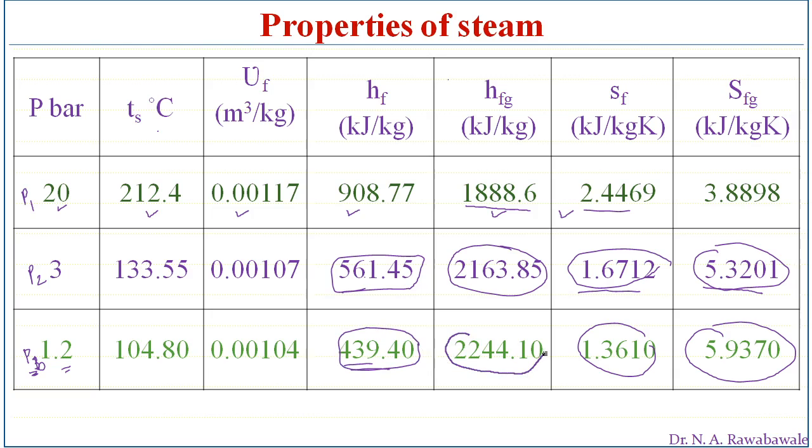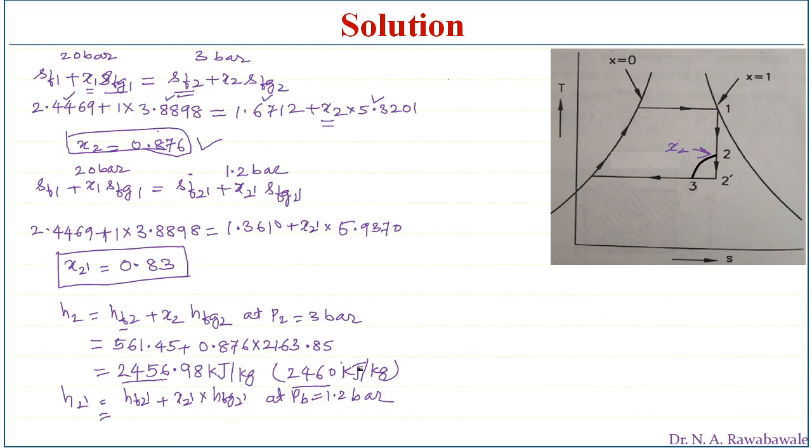And heat of vaporization is 2244.10. We can substitute in the equation and find the enthalpy at point 2 dash at a pressure of 1.2 bar: 439.4 plus the dryness fraction 0.83 at point 2 dash times 2244.10.